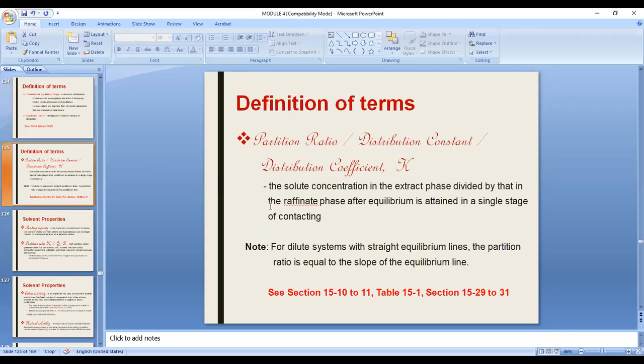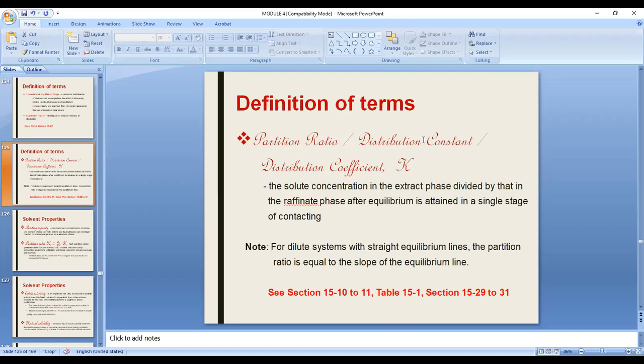Now we have the partition ratio, the distribution constant, or the distribution coefficient. This was also discussed in the topic of gas absorption, and its definition is comparable to that in gas absorption. So the solute concentration in the extract phase divided by that in the raffinate phase after equilibrium is attained in a single stage contactor is any of these, because they mean the same.